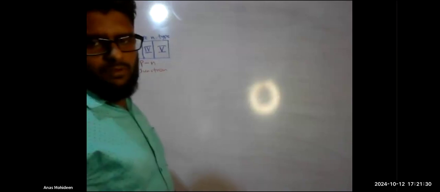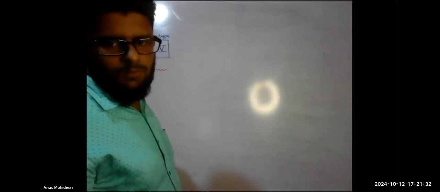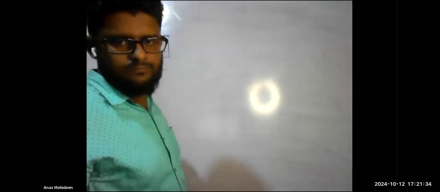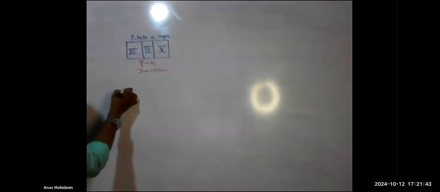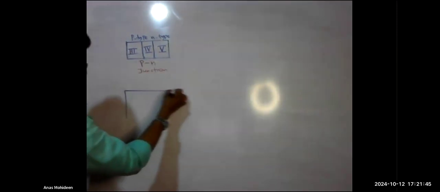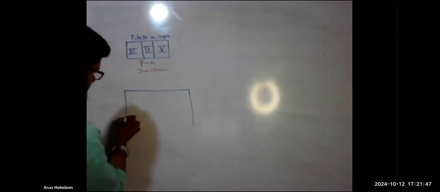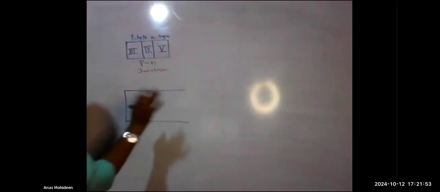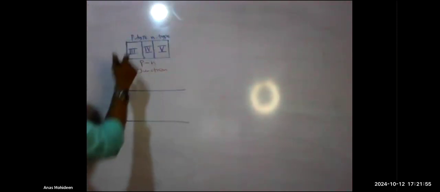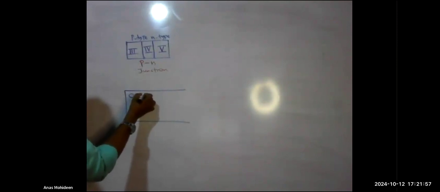Now, I'm going to take a diagram, this diagram expanding. Look at this. Positive type means whom we have?